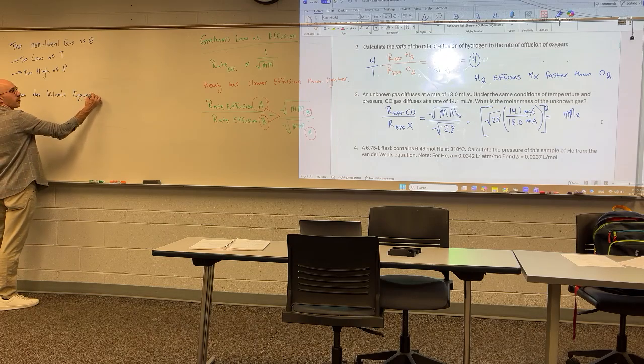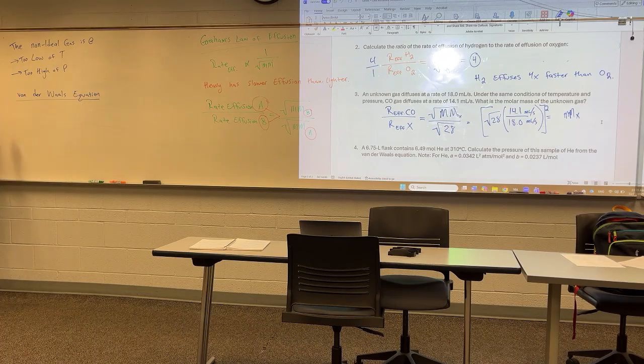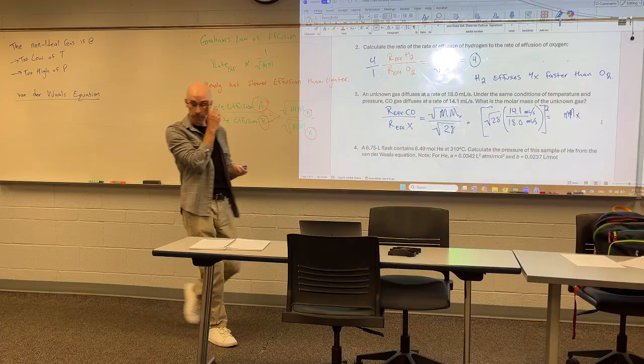The van der Waals equation corrects for intermolecular attractions and intermolecular repulsions.